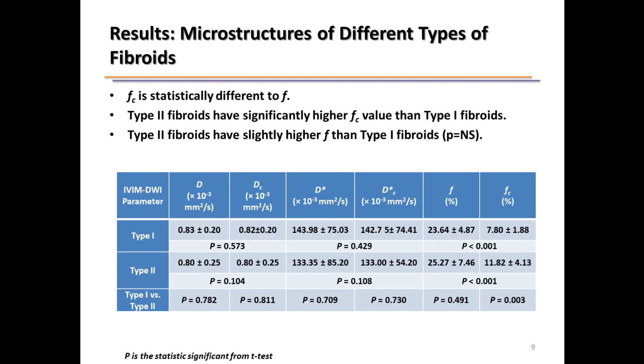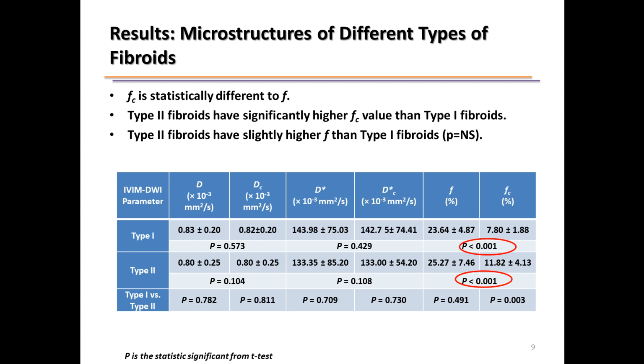There was no statistically significant difference in the IVIM model parameters, diffusion, perfusion, or blood volume fraction between type 1 and type 2 fibroids without T2 correction. As predicted by the theory, T2 correction does not affect diffusion coefficient or perfusion coefficient, but it introduces a statistically significant difference in perfusion volume ratio.